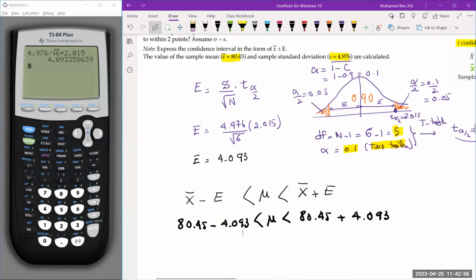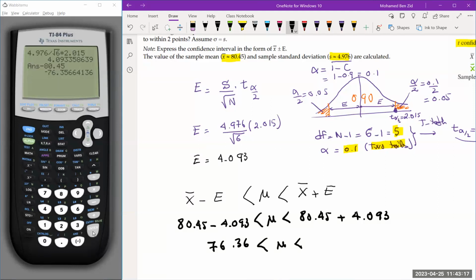So let's do this minus. The lower end is going to be 76.356, so 76.36.